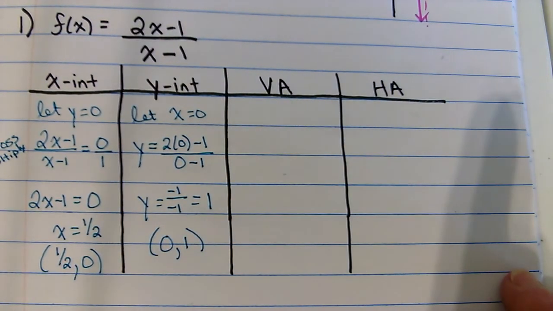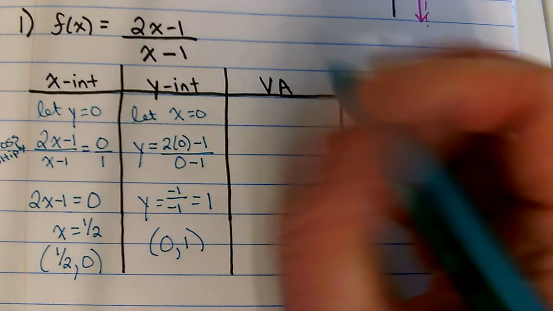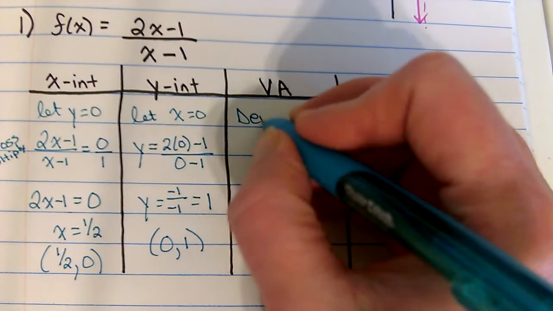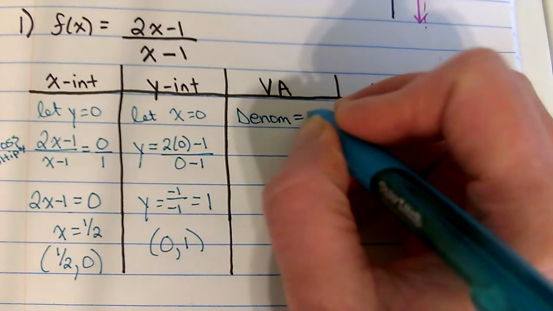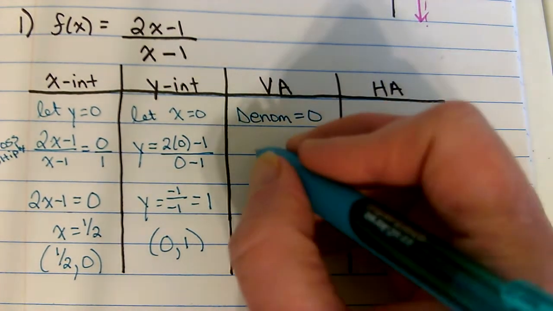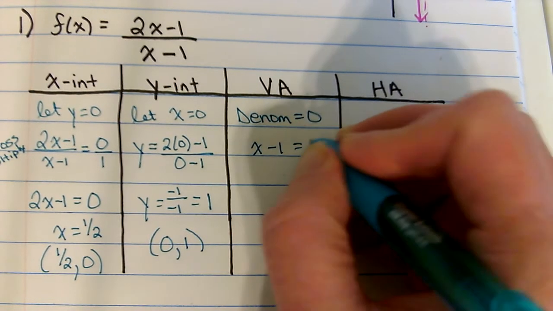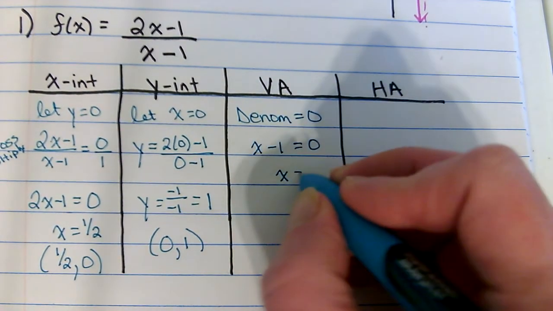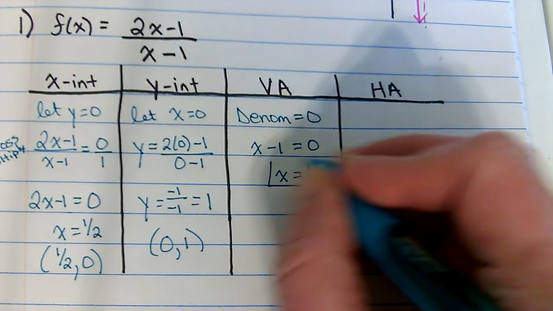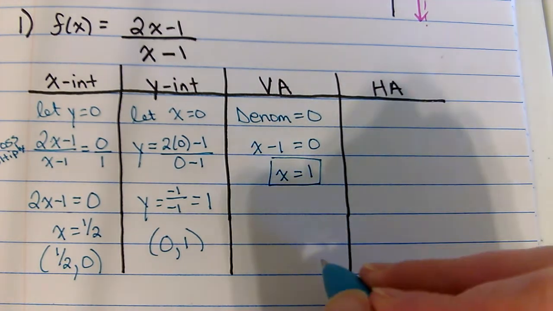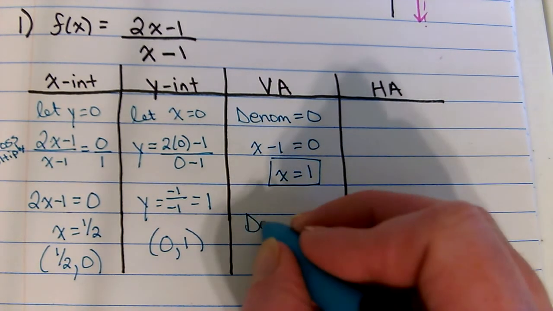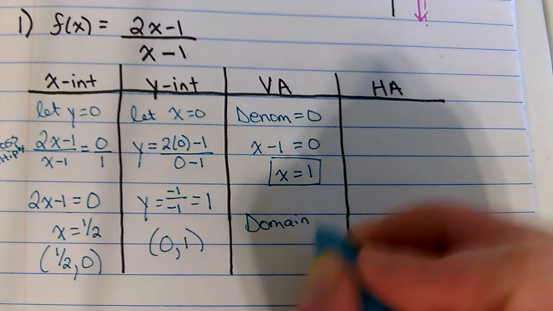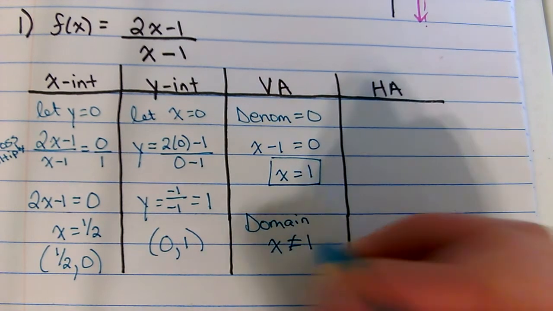Now, when does a vertical asymptote happen? Well, it's when the denominator equals 0. So I'm going to take that x minus 1 equals 0 and get x equals 1. Now, guess what? That also tells me my domain. X cannot be 1.